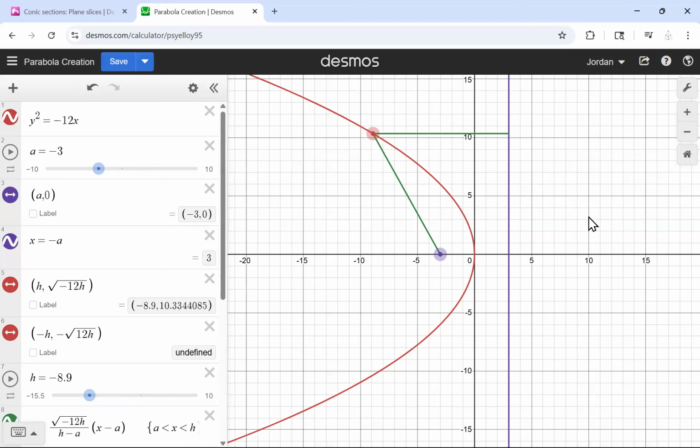This is why a lot of signaling devices have parabolic shapes, like a satellite dish has the parabolic shape so that when it's pointed in the right direction, a signal will hit there and then bounce to the focus, and they put the receiver at the focus. Also, it works in reverse as well.